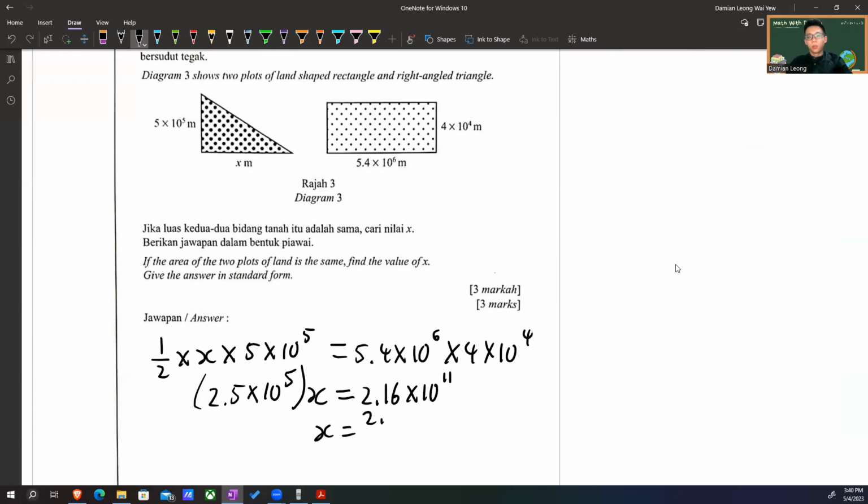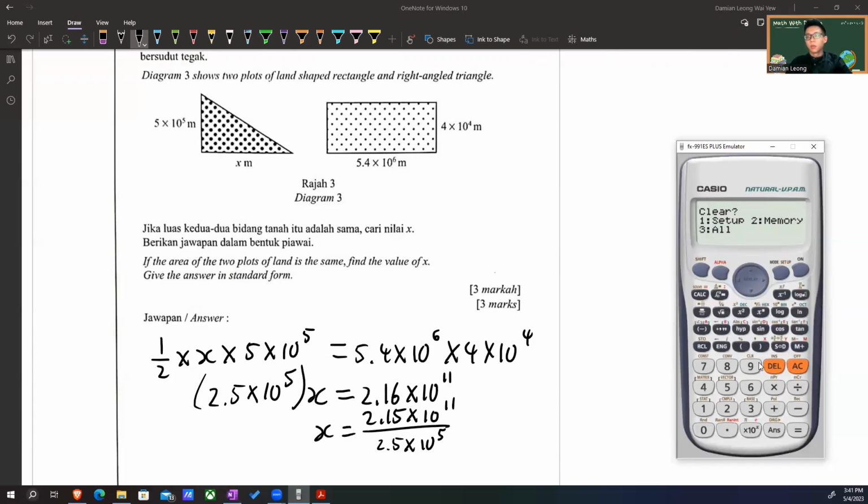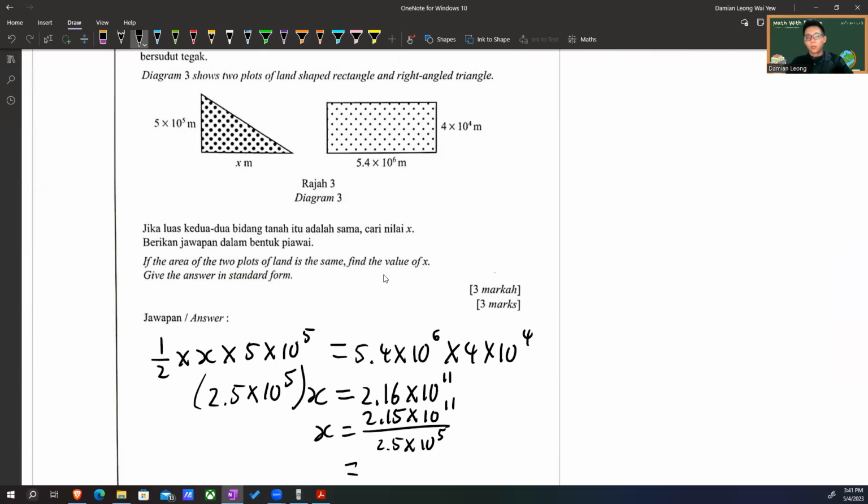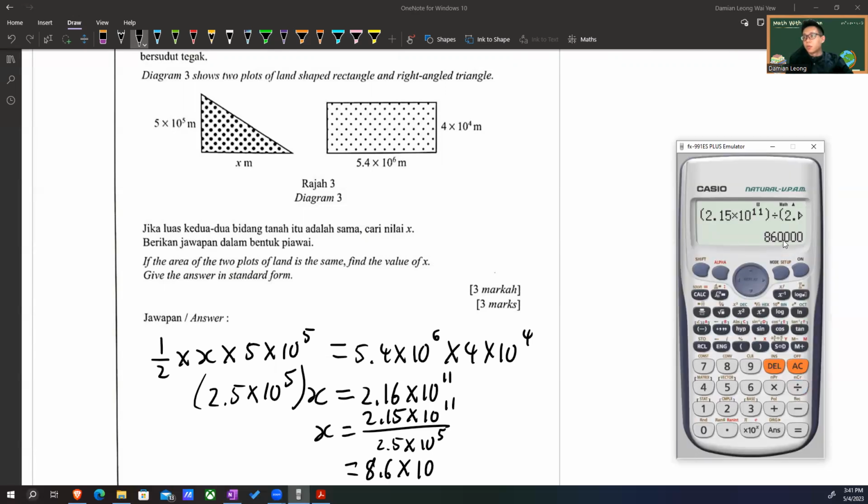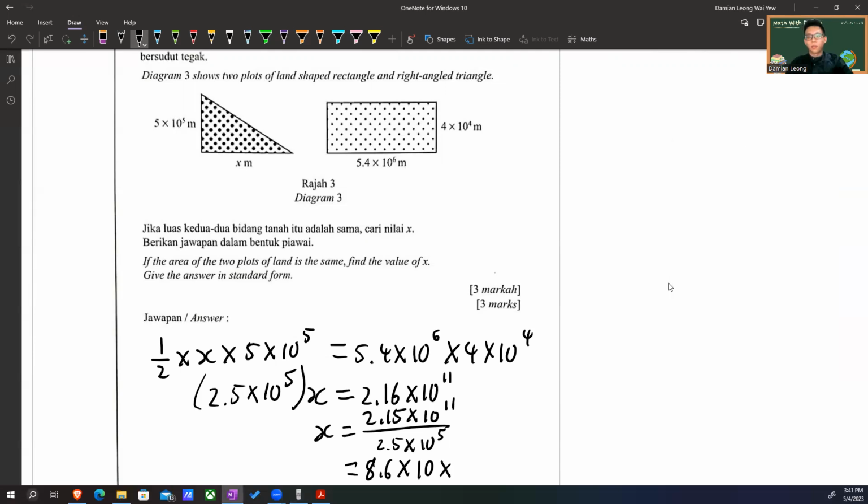Bring over the 2.5 times 10 to the power 5. Just divide. So bracket 2.16 times 10 to the power 11 divided by bracket 2.5 times 10 to the power 5. So I get 8.6, shift back 1, 2, 3, 4, 5, times 10 to the power 5.